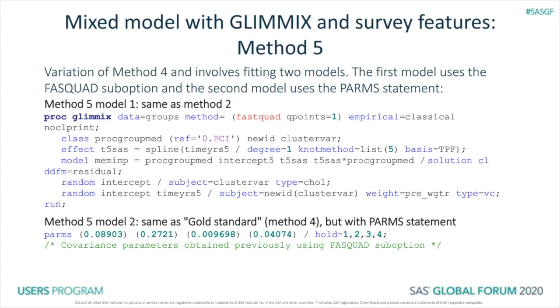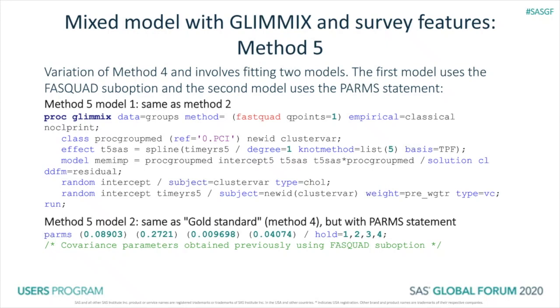So we fit this model, we obtain the covariance parameter estimates, and then we fit a second model, which is very much like the gold standard method, with the difference that we add the PARMS statement. As you see here, in this case, the PARMS statement has 4 covariance parameter estimates corresponding to the ones that we previously calculated in model 1.